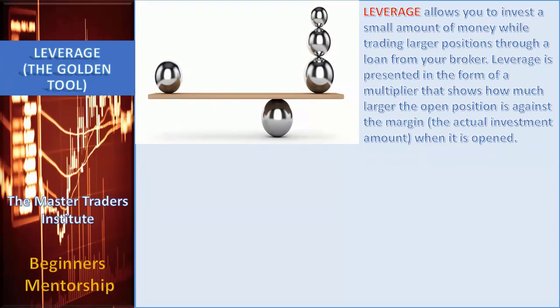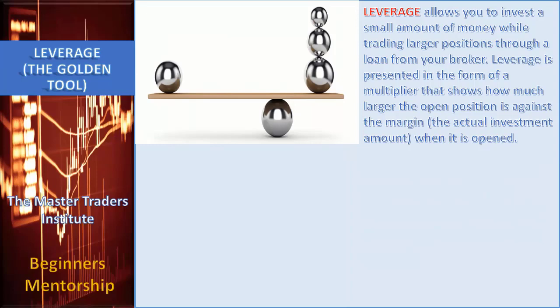Then leverage. Yesterday, I talked about leverage. I told you we'll get into that later on. So here we are on leverage. Leverage allows you to invest a small amount while trading larger positions through a loan from your broker.